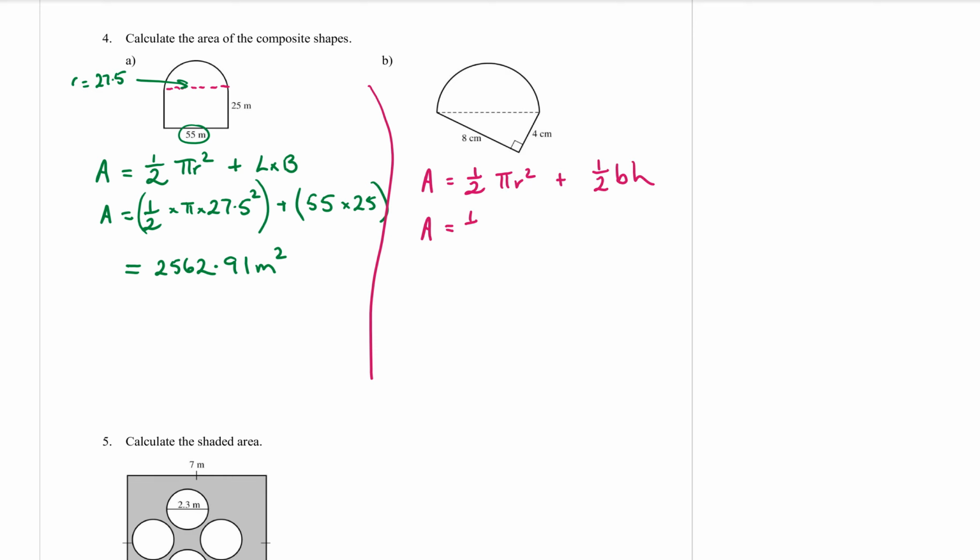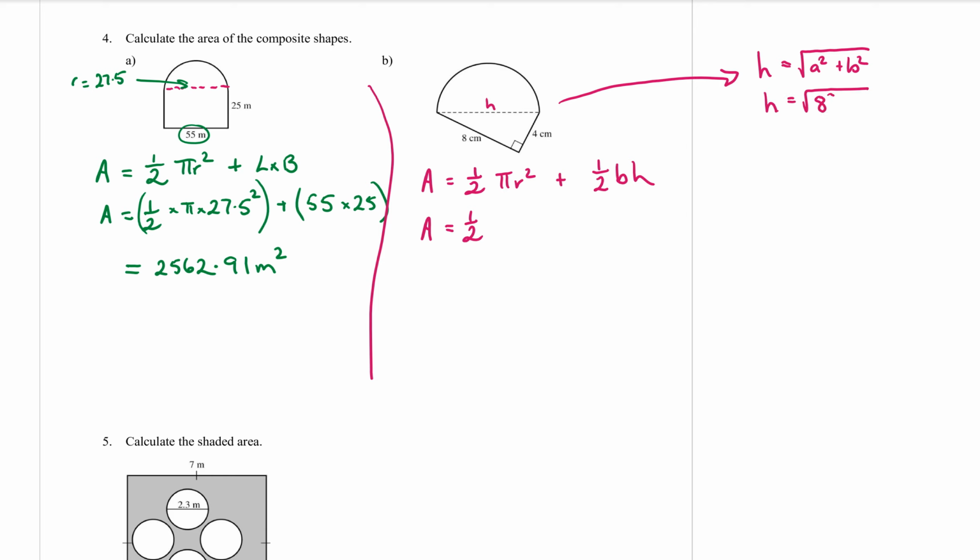Substituting in for my circle, the radius. Now that's a bit tricky because I don't actually have a radius or a diameter. So I actually need to do a Pythagoras' theorem to find the h in that right angle triangle, to find the hypotenuse. So over here on the side, to find the hypotenuse, we have the formula square root of a squared plus b squared. So the hypotenuse, the a and the b is the 8 and the 4.